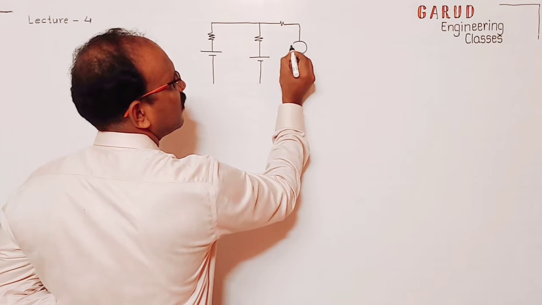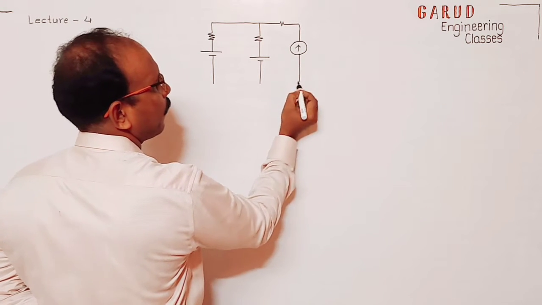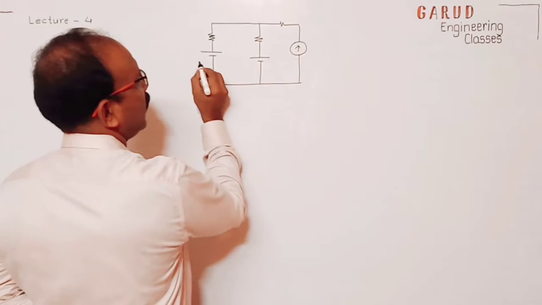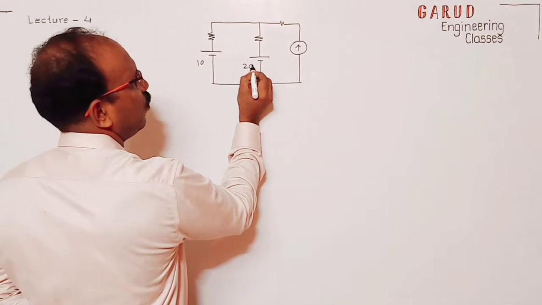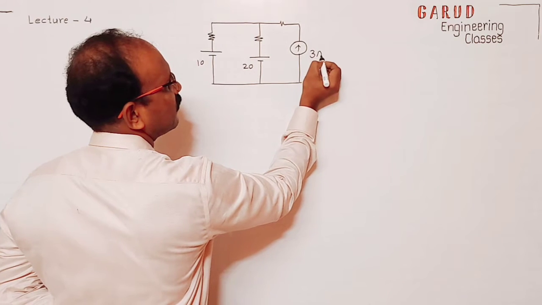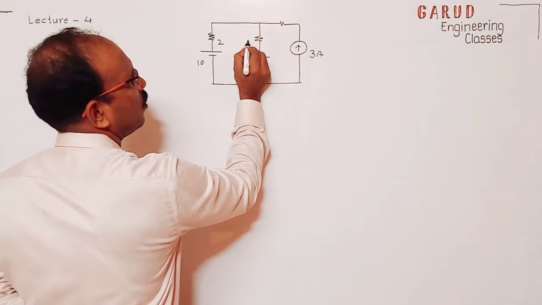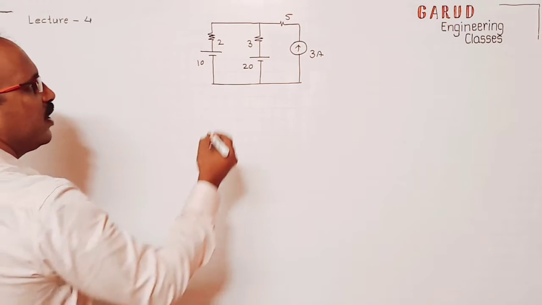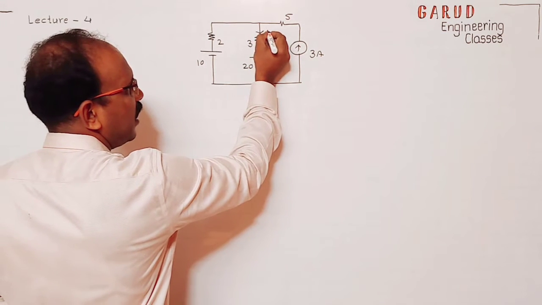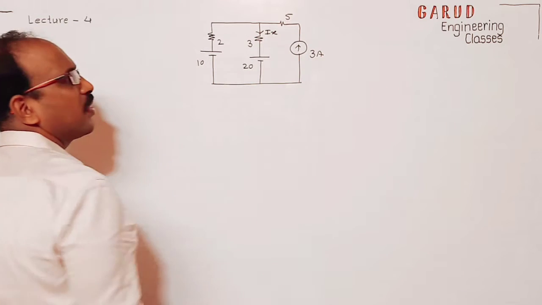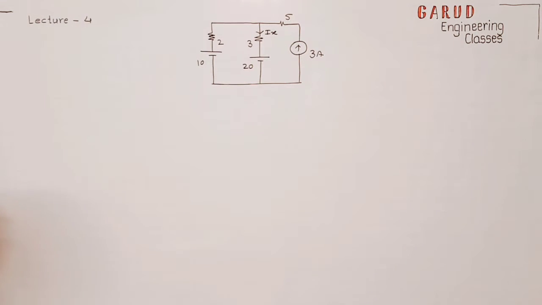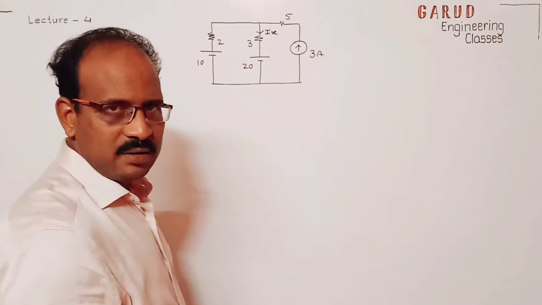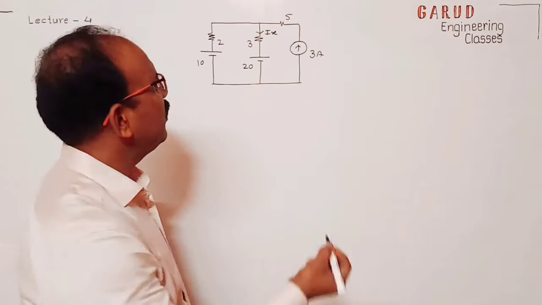The values are 10 volt, 20 volt, 3 amperes, 2, 3, 5 ohms. And what is the required thing? The required thing is Ix. Using KVL, KCL and different methods and theorems, we will see what is the value of Ix.